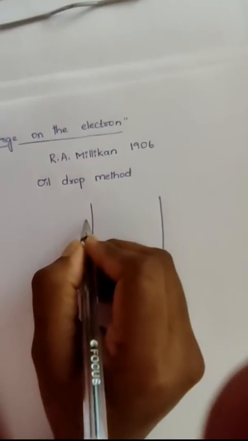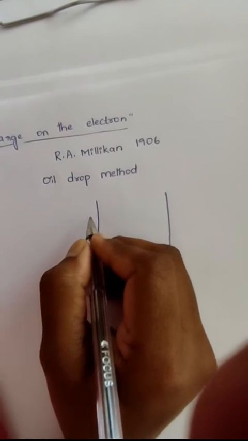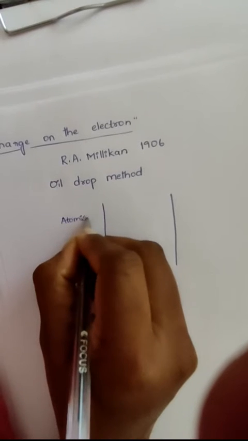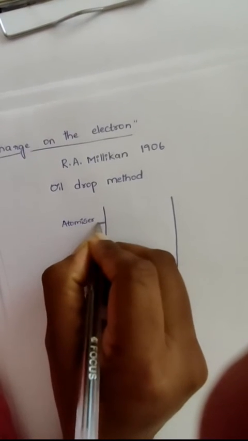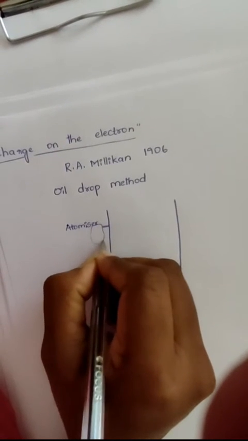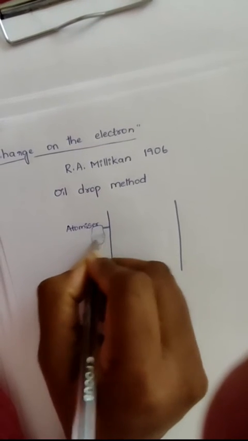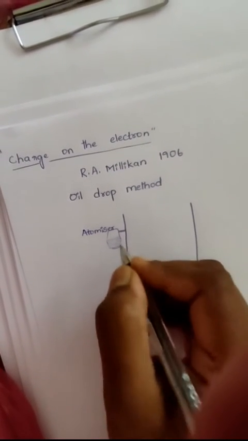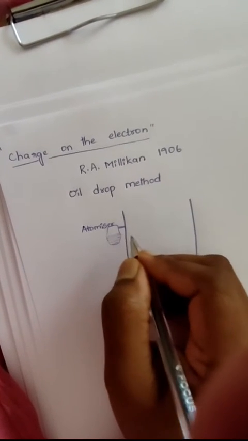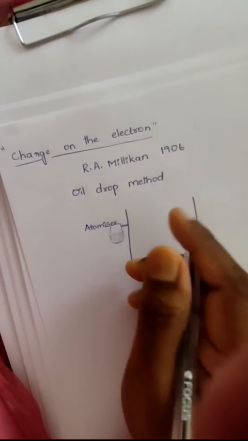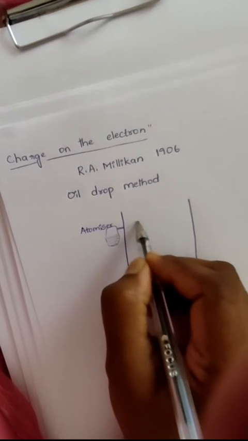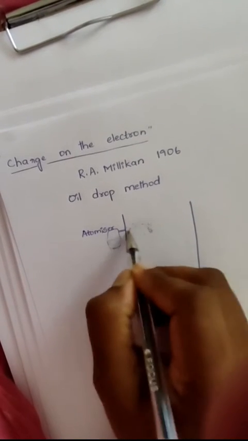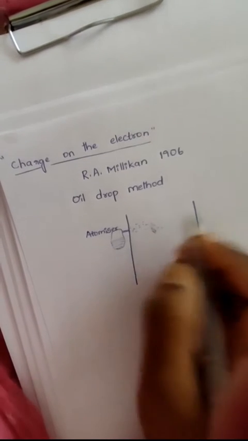This apparatus consists of an atomizer. An atomizer is nothing but a simple apparatus similar to a scent or perfume bottle. With the help of this atomizer, oil is sprayed in the form of mist, that is, tiny droplets of oil.